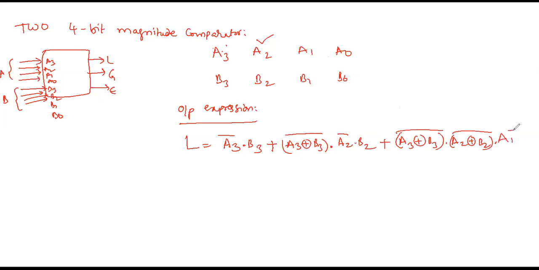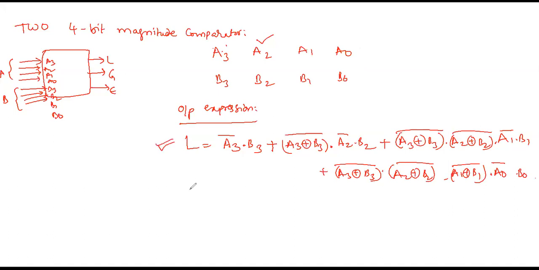If A1 is 0, B1 is 1, we write A3 XNOR B3, A2 XNOR B2, A1 bar B1. Then we look at A0, B0. When A0 is 0 and B0 is 1, we say A is less than B. This is the less than expression.